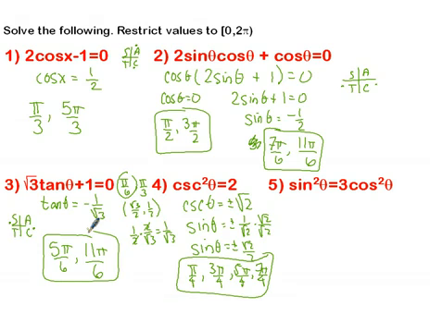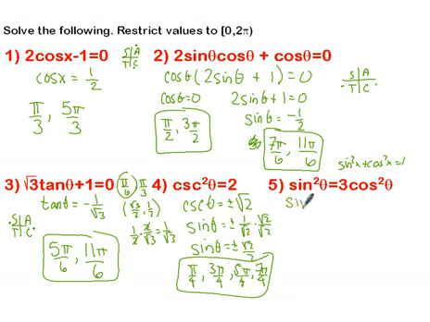Lastly, we have sine squared equals 3 cosine squared theta. If you want to, there's actually 2 ways you could do this. You could divide both sides by cosine squared theta and rewrite this as tangent squared theta equals 3. What I'm going to do is replace cosine squared with my Pythagorean identities. If you remember, sine squared x plus cosine squared x equals 1. I can rewrite cosine squared as 1 minus sine squared.